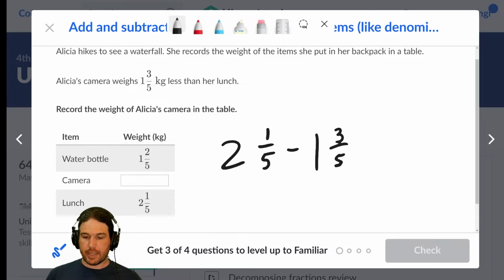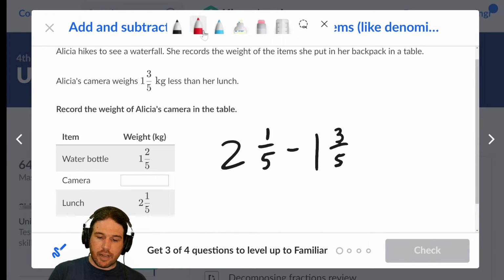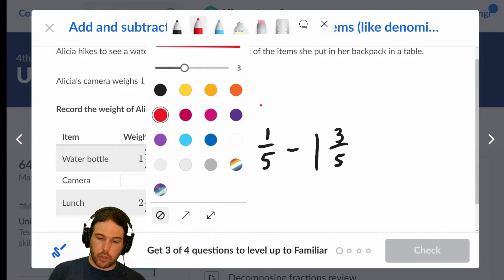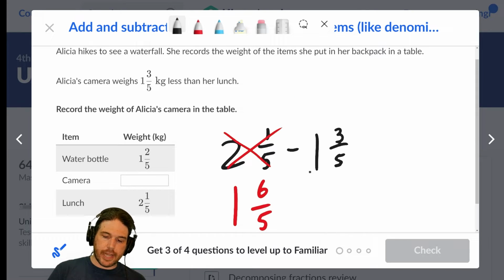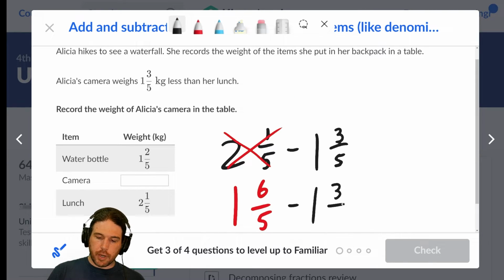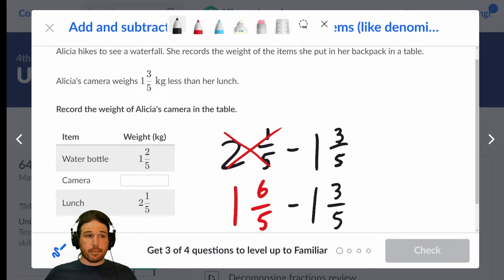to a regrouping place. So instead of saying 2 and 1/5, I'm going to change that into 1 6/5. Take a moment to see if you can understand what I just did there. It's the same thing we've been doing.